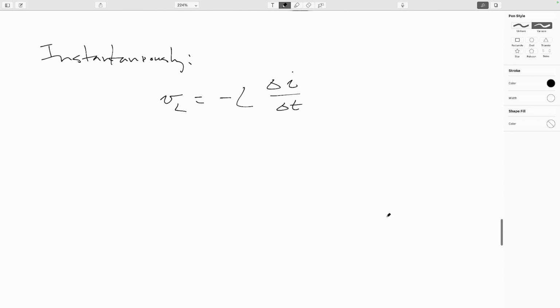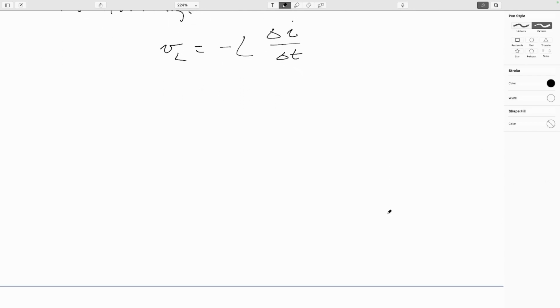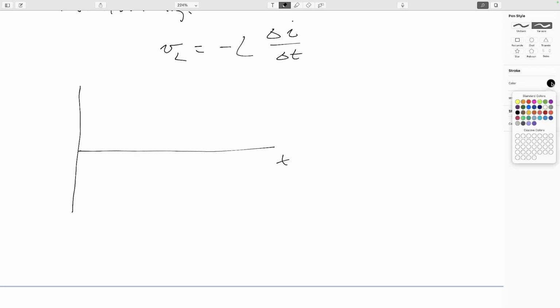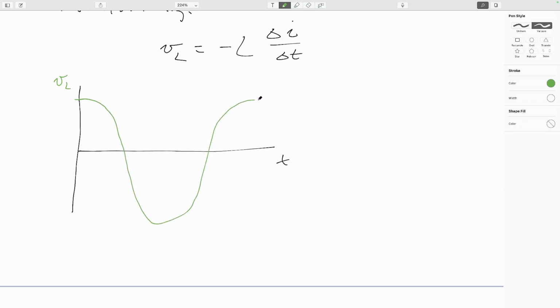Again, I'll just go ahead and cite that using the methods of calculus, we can get that if, say, our applied EMF, so here we'll make green my applied EMF, we've been going with that being a cosine, then our instantaneous current will wind up looking 90 degrees out of phase.